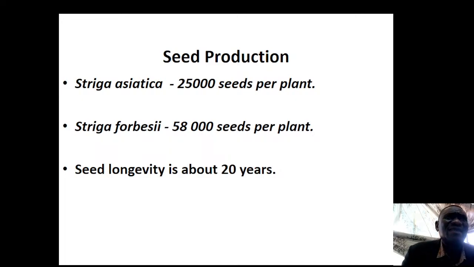And these seeds can stay alive in the soil for up to 20 years, which means that parasitic weeds can give serious problems. It may not be easy to get rid of these plants with the high seed production and that kind of seed longevity, which is up to 20 years.